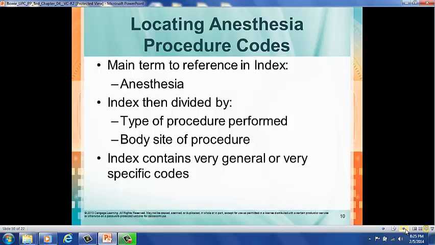If you look through the anesthesia section of CPT, you will notice that the anesthesia codes are general or specific. For example, a general code is 00500, anesthesia for all procedures on the esophagus. However, code 00906, anesthesia for vulvectomy, represents a very specific code.